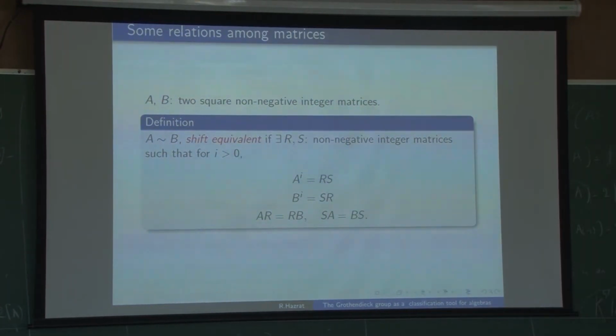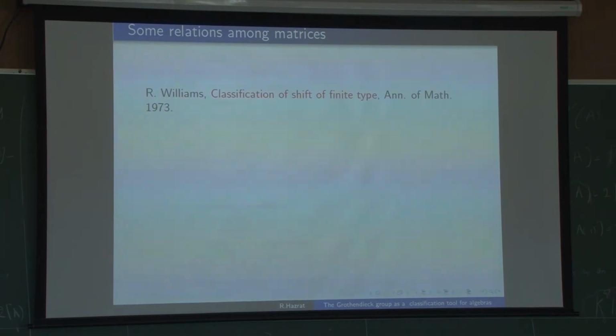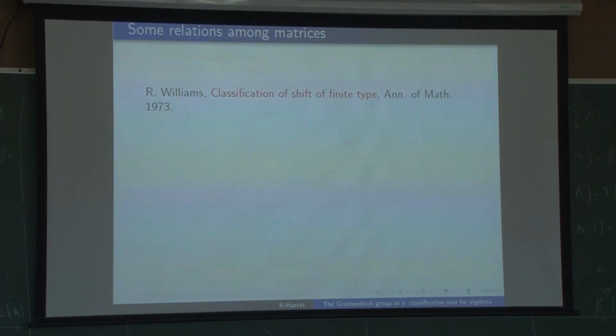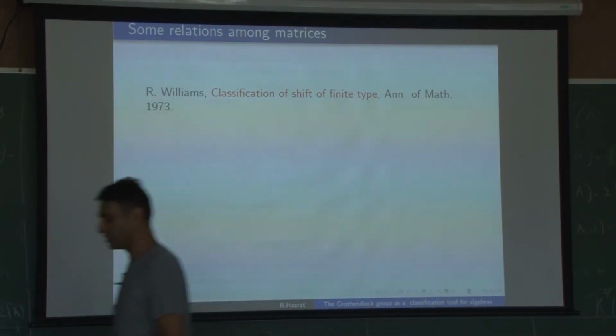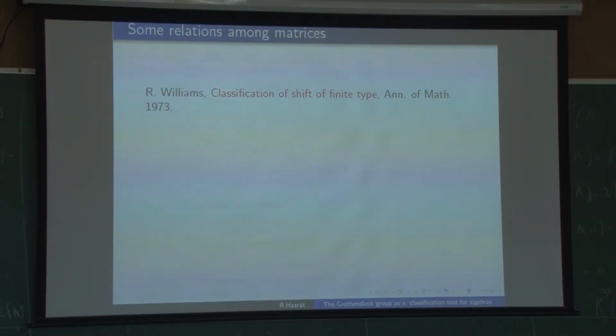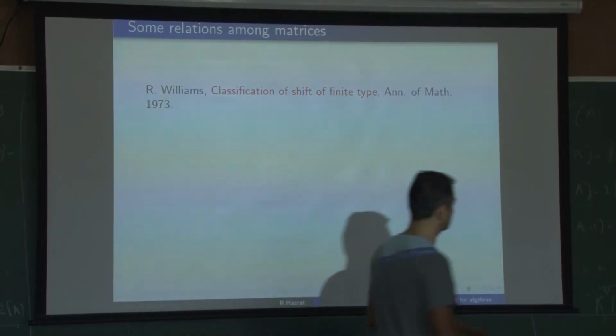So these 3 conditions, what are the relations between them? Where do they come from? There is this subject called symbolic dynamics, and I've started learning that. It's really a beautiful subject, and I just wanted to mention a book that you can have a look at.